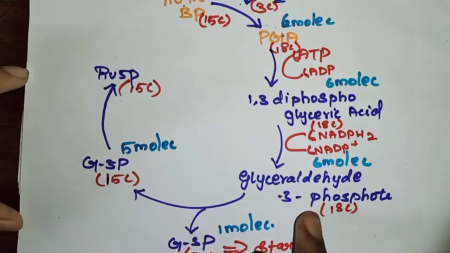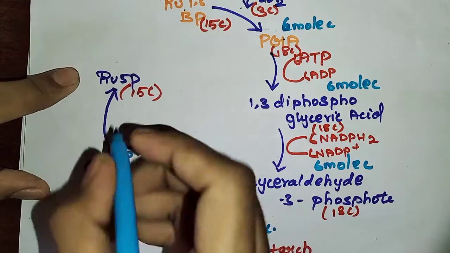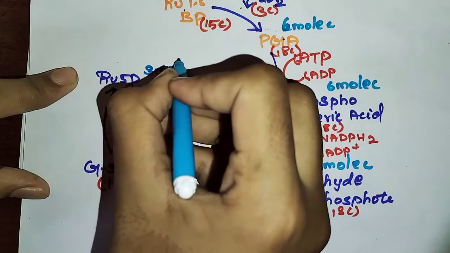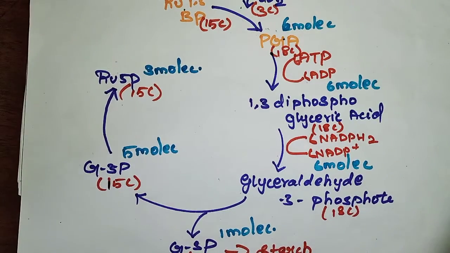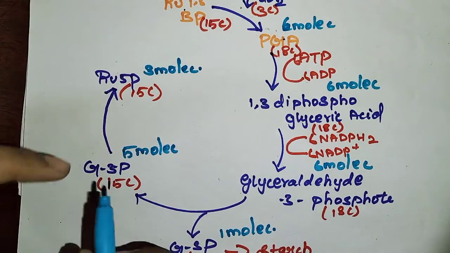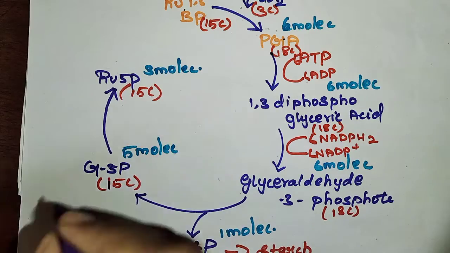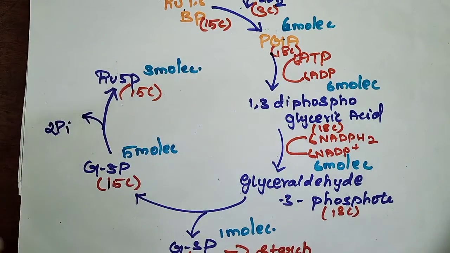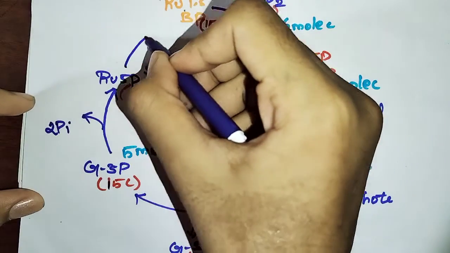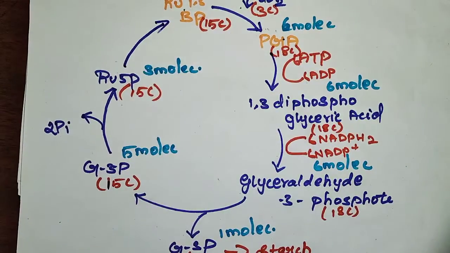These 5 molecules reduce to 3 molecules. This is 3 molecules of Ru5P. Then 3 molecules of Ru5P means 2 inorganic phosphates come out. Now this Ru5P regenerates.